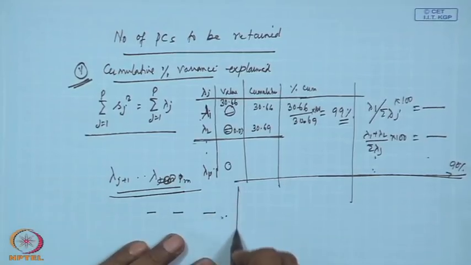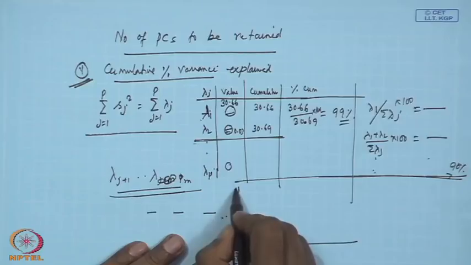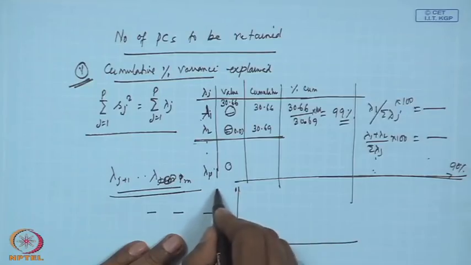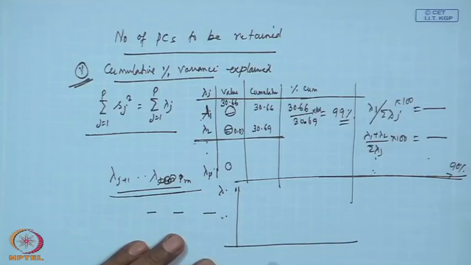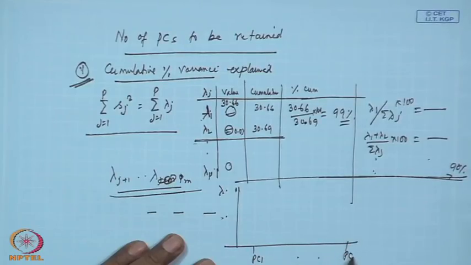For example, if I plot like this, this is my lambda value, this side the PC values, PC1 to PCp components. You may find the first lambda value is here, second lambda value is here, third lambda value is here, fourth lambda value may be here, like this.